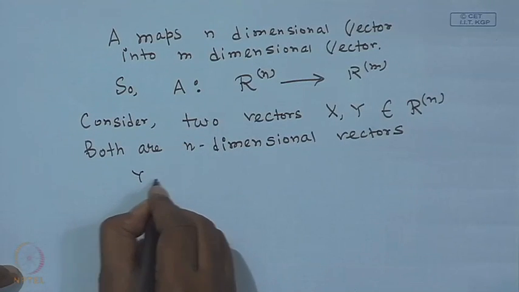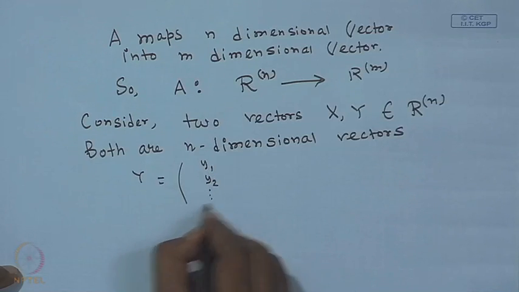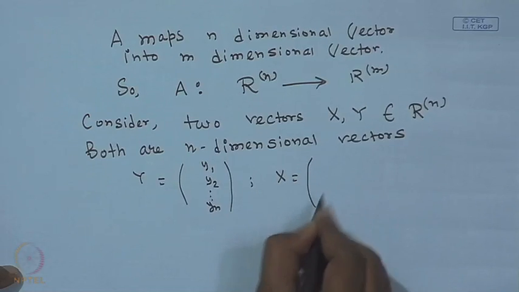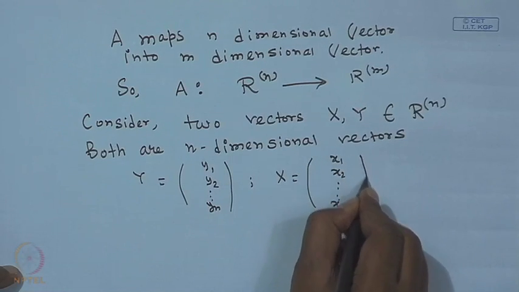So, y is nothing but y 1, y 2 up to y n, and x is x 1, x 2 up to x n.